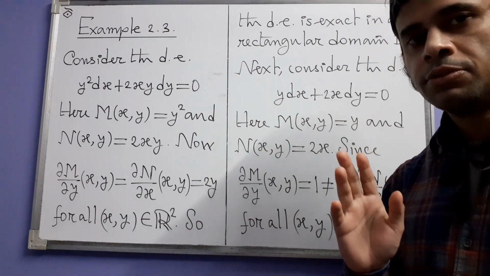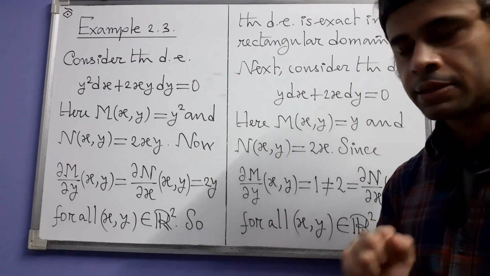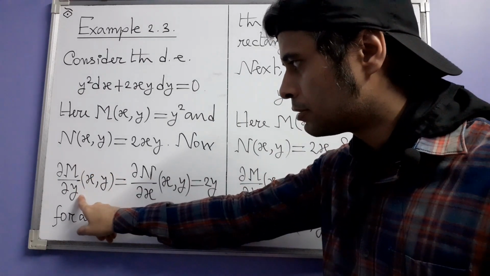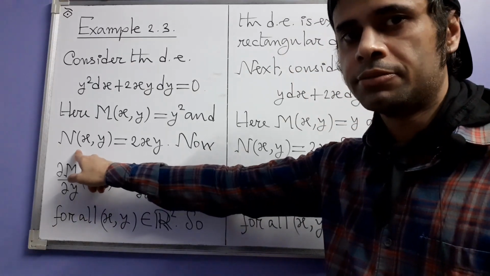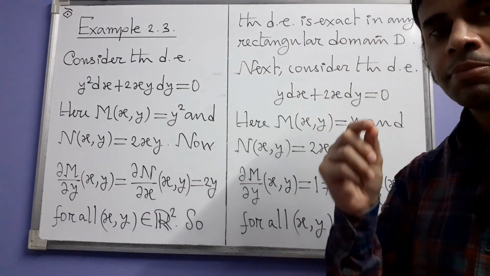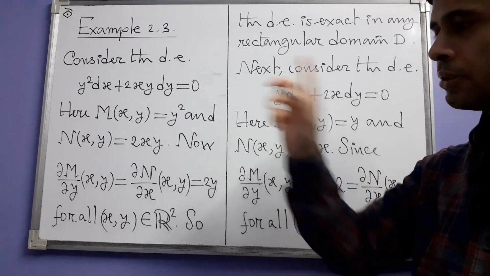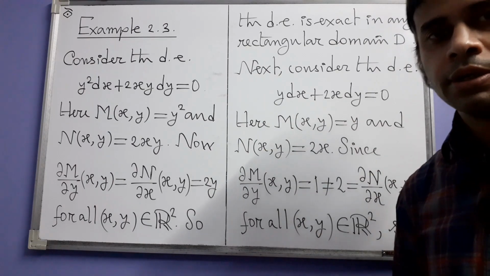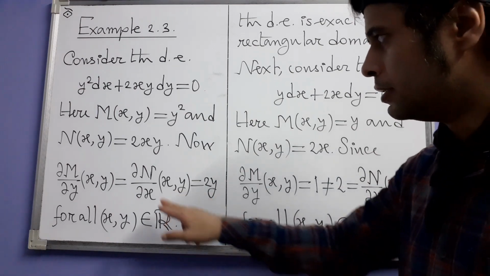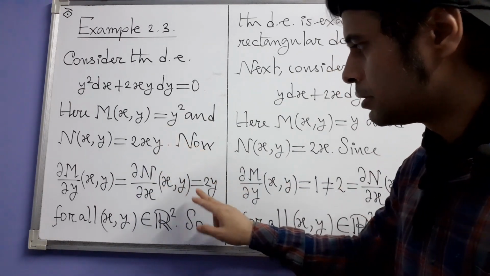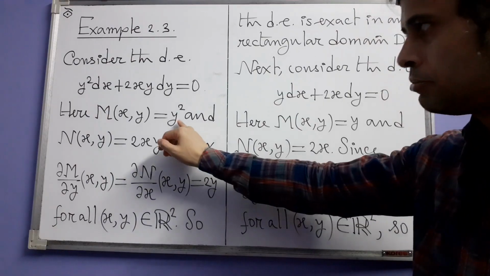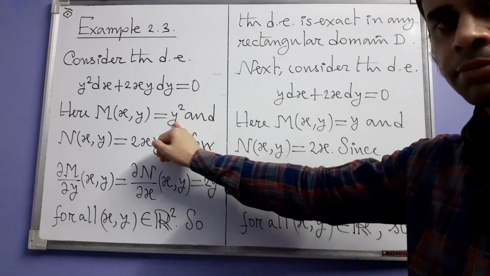So what do we have to do to check that this equation is exact? We differentiate M partially with respect to y and N partially with respect to x and see if these partial derivatives match. And wherever they match, this equation will be exact according to Theorem 2.1. Luckily, these two partial derivatives match everywhere, because if you differentiate this partially with respect to y, what will you get?